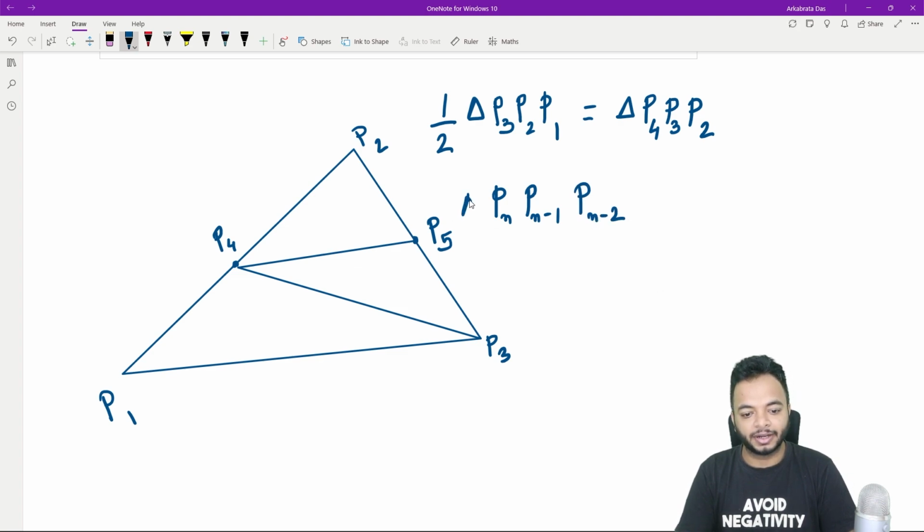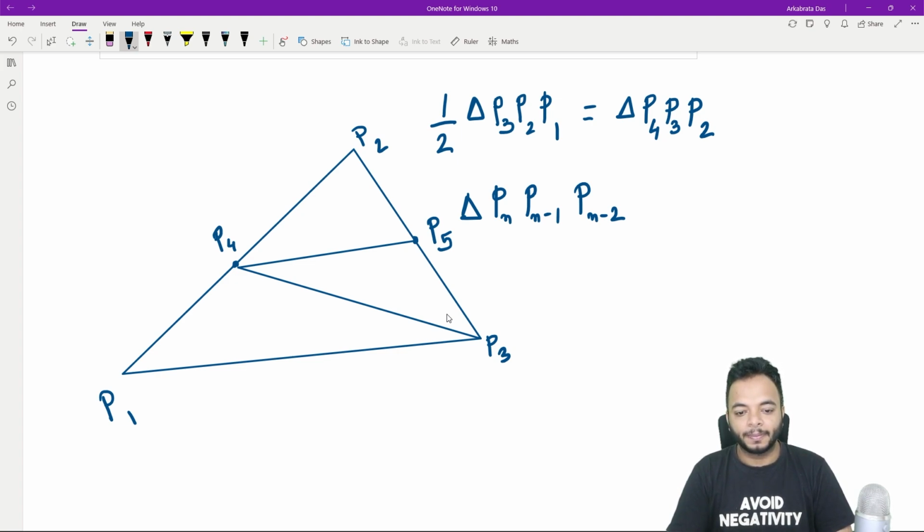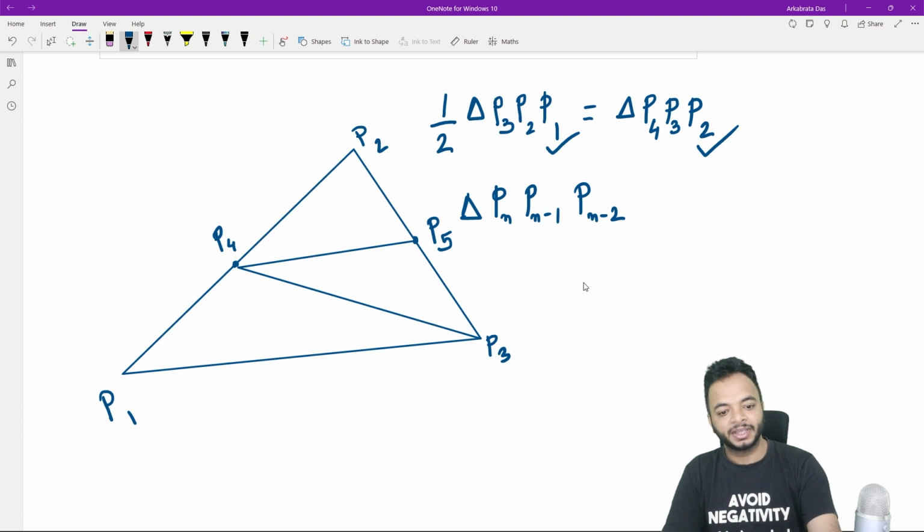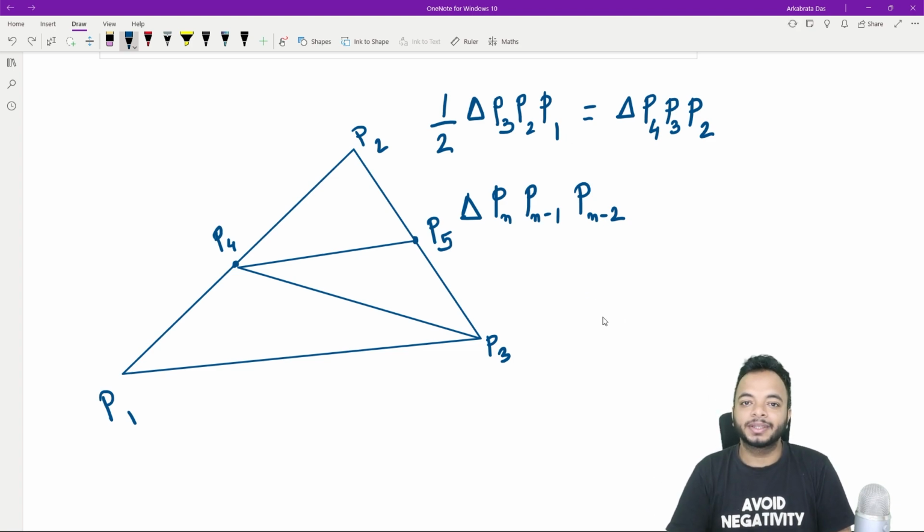Here you can see the first triangle, the second triangle, and the n minus 2th triangle. Now from here I have to show that the n minus 1th triangle has area half of this triangle. So how do I do that?